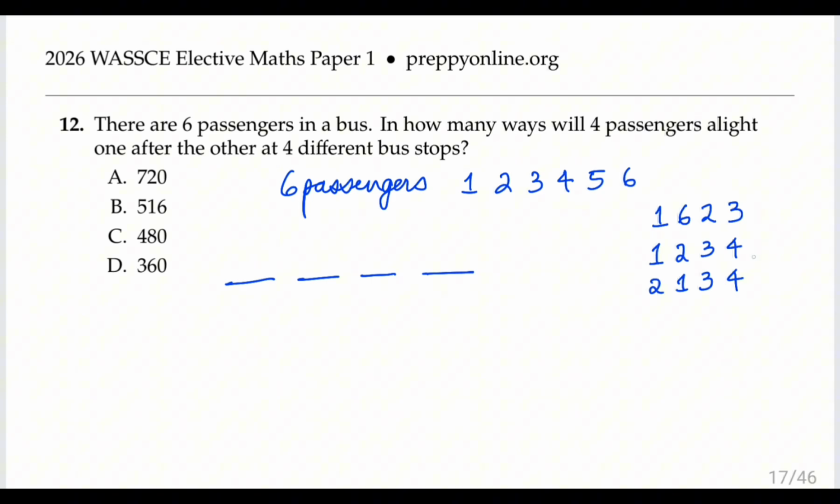So even though you have the same guys getting down, because they got down in different orders, these two arrangements are different.